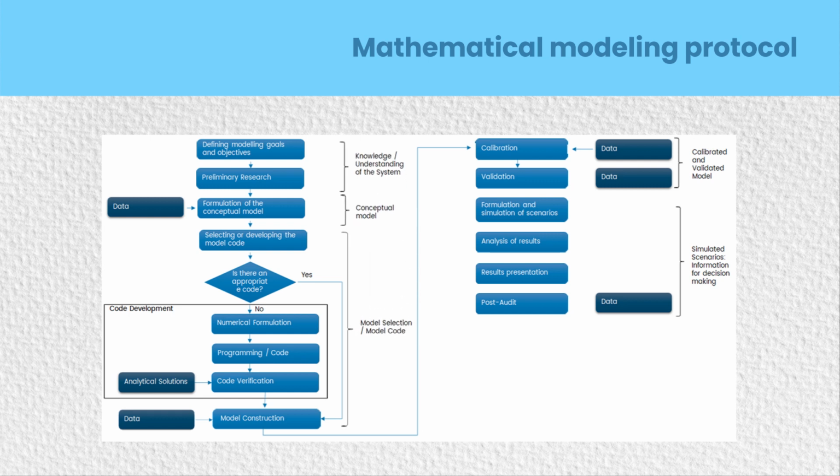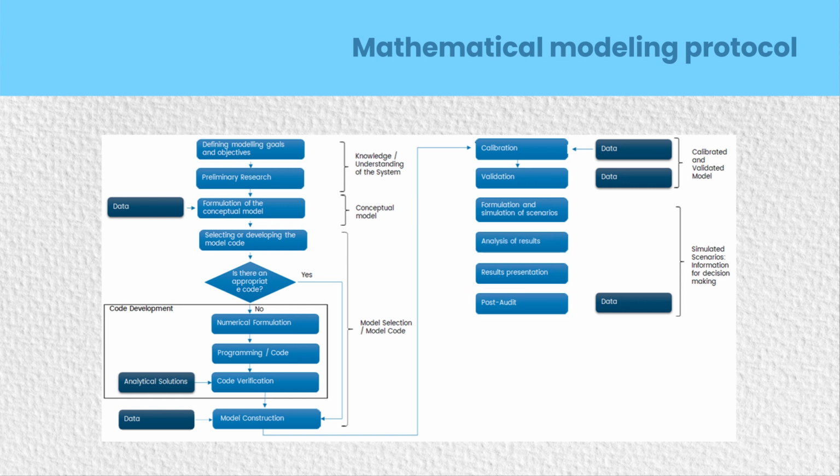This modeling process starts with define modeling goals and objectives, preliminary research, formulate the mathematical model, select or develop the mathematical model, model construction in the specific application, calibration, validation, scenario formulation and simulation, analysis of results, and post-audit.